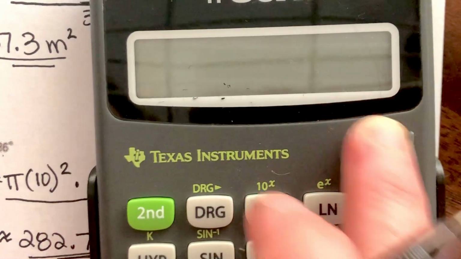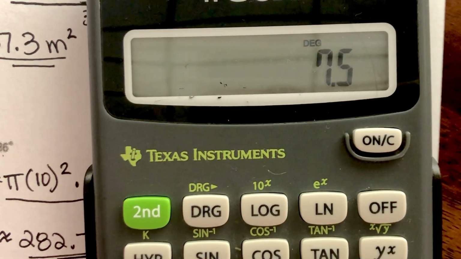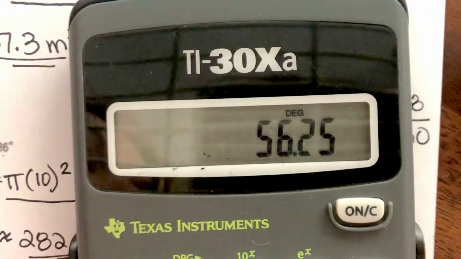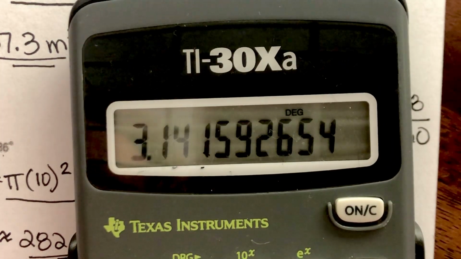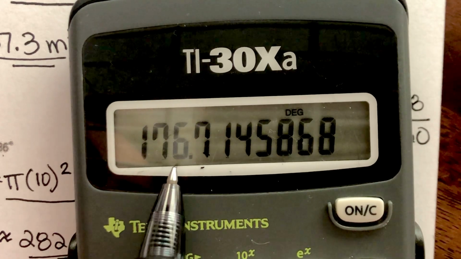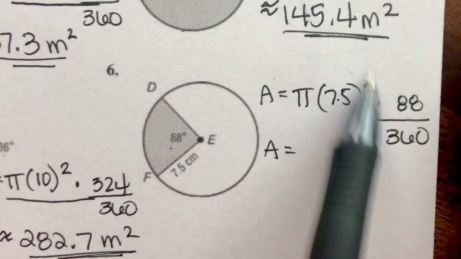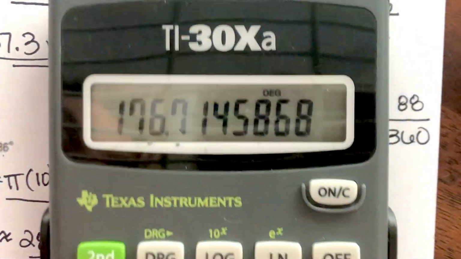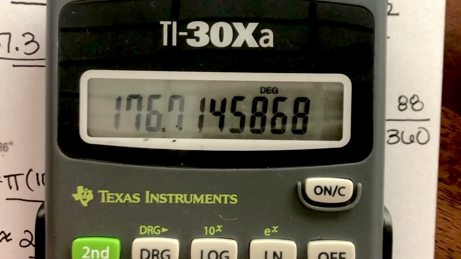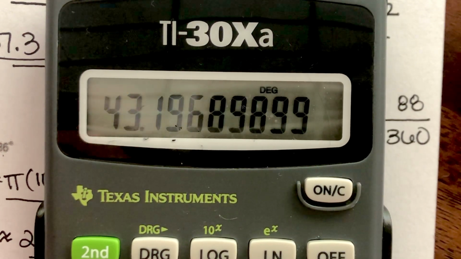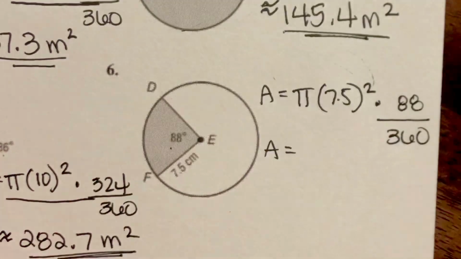Okay, so 7.5 squared equals 56.25 times pi. So the area of the whole circle is about 177 almost. 177, and then we're going to multiply it times 88 divided by 360. And we get 43.2 if we round to the nearest tenth.